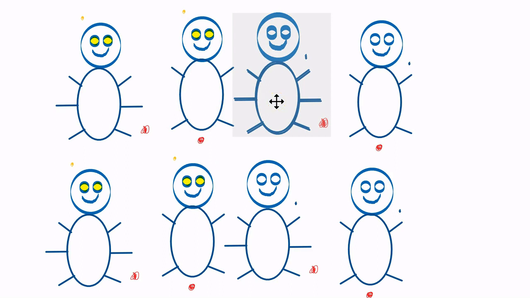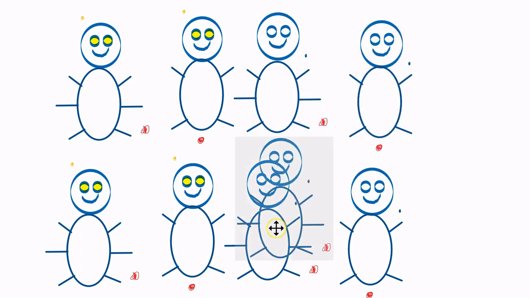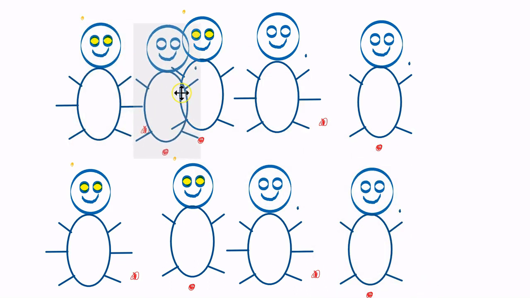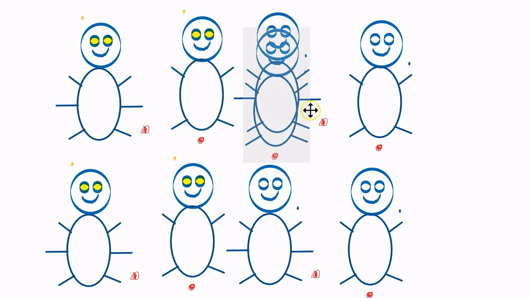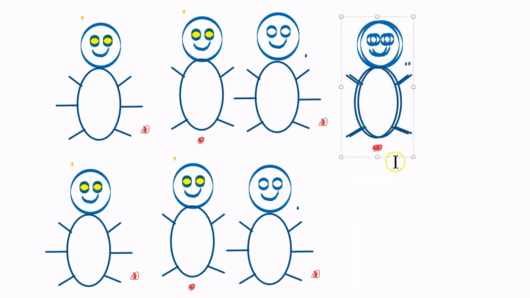Oh, now it's white and 6 and it's white and 6. And finally, we'll take a look at this one here, and we get yellow and 6, yellow and 4, white and 6, and white and 4.